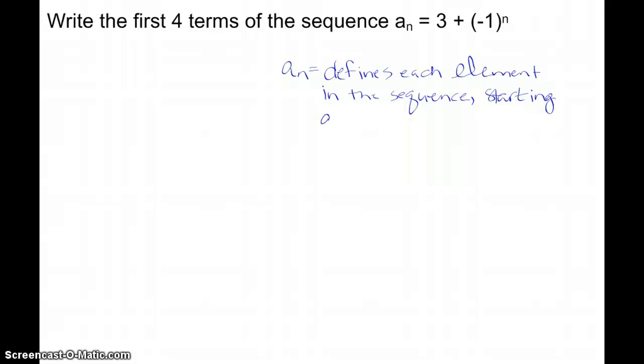Starting at n equal 1, unless you are told otherwise. If there's no defining, a sub n equals this for n greater than or equal to 2, or for n greater than or equal to 0, if you're not given any additional information, like we're not here, we are to assume that we start generating the elements of the sequence at a sub 1.